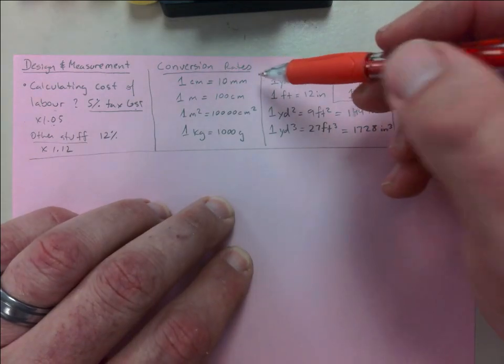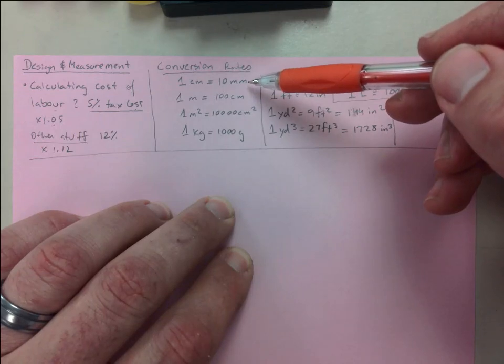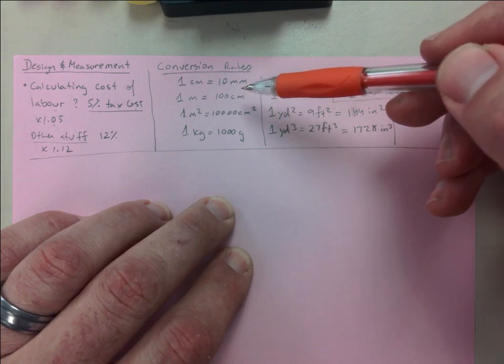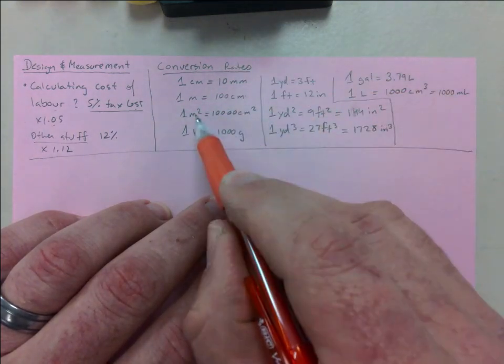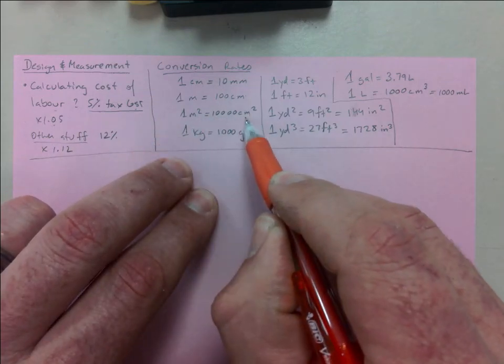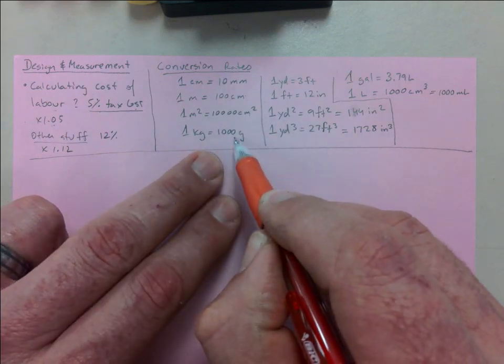Here are some conversion rates that you have to have. I would say these are bare minimum. There are more, but 1 centimeter is 10 millimeters. 1 meter is 100 centimeters. Here we are talking area, right? Squared, right? So a squared meter has 10,000 squared centimeters, kilograms, grams.